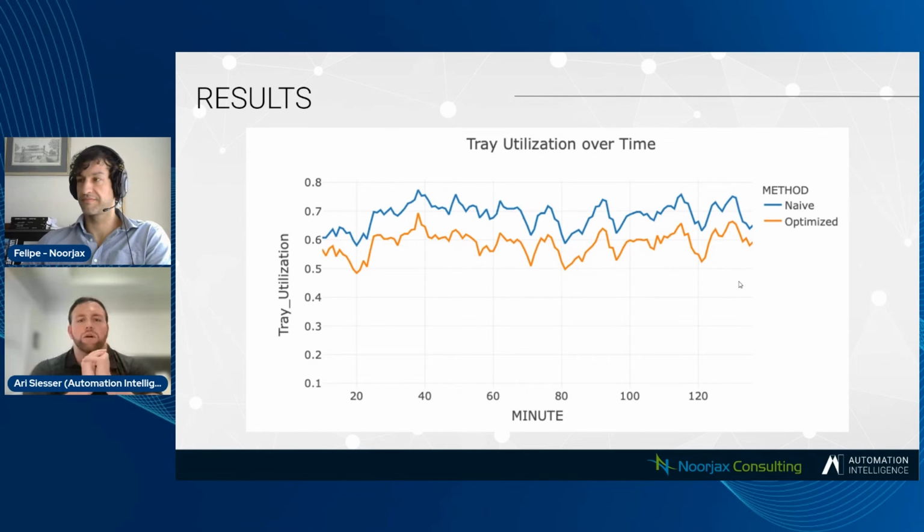That's the number of trays that are full at any given time, the percent of trays that are full. And so intuitively, this makes sense. When the optimized algorithm is minimizing recirculation, that means that those parcels are getting to their destinations on the first go around, and they're getting discharged.